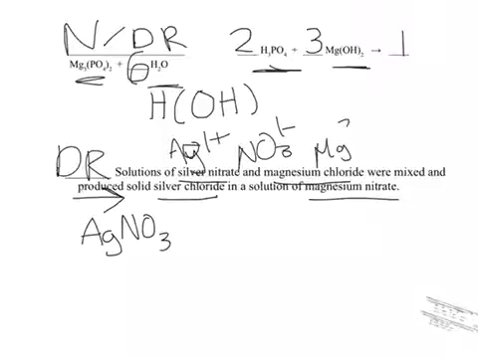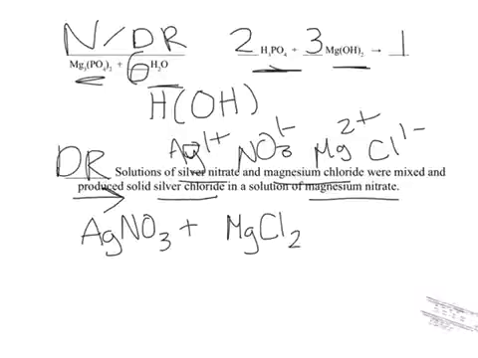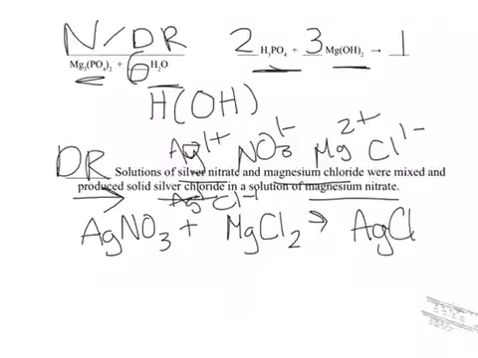Magnesium is a +2. Chloride is a -1. So magnesium chloride is MgCl2. Then we get our arrow. Silver chloride. Silver is +1. Chloride is -1. So it's AgCl.